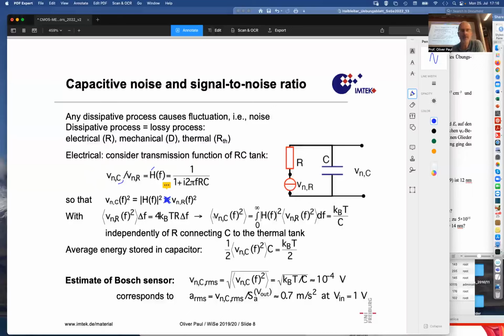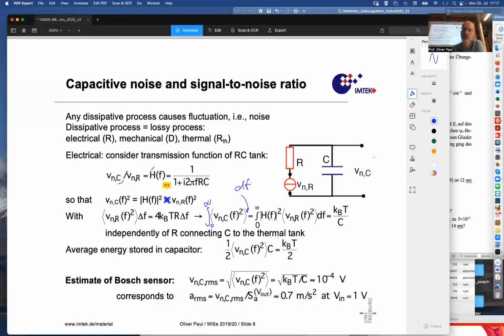And if we now calculate Vnc now as if over all frequencies, so if I integrate that over all frequencies, it's just like integrating H(f) multiplied with this constant noise voltage density, Vnr, and then this integral can be carried out, and the result is kBT over C, as we have already seen.